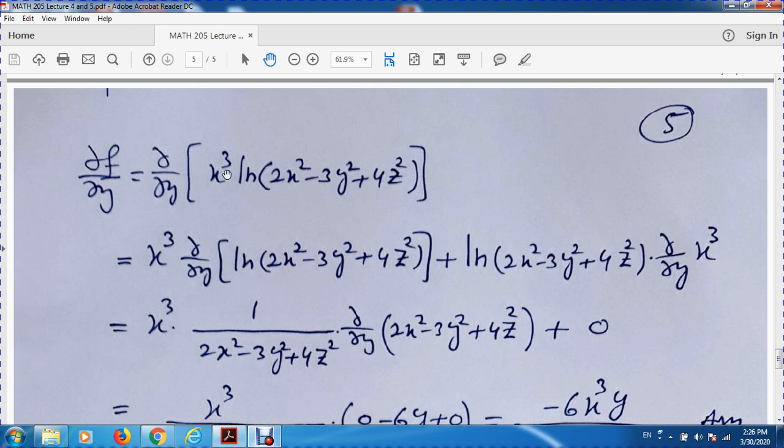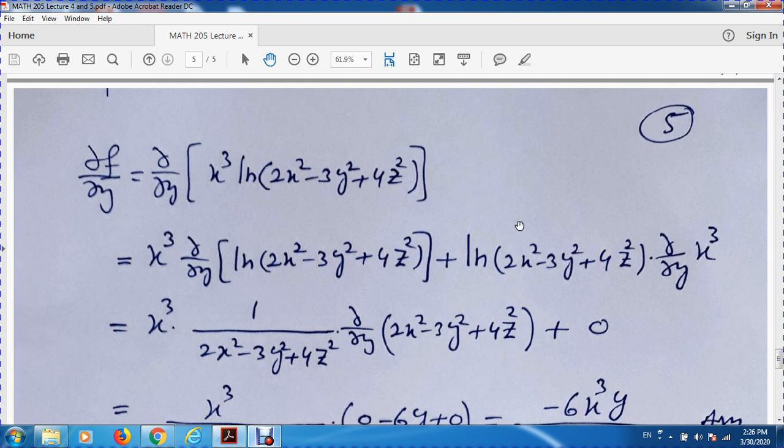You write x^3 the same, and then you write the partial derivative of the second function, plus you write the second function the same times the derivative of the first function. So x^3, and then the derivative of ln will be 1 over this, and then the derivative with respect to y, plus here you can see there is x^3, so the derivative with respect to y will be 0.